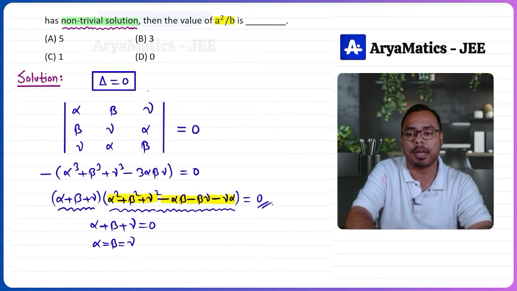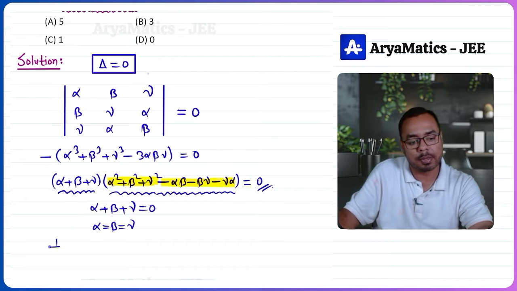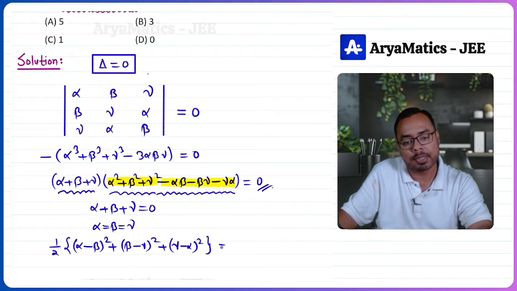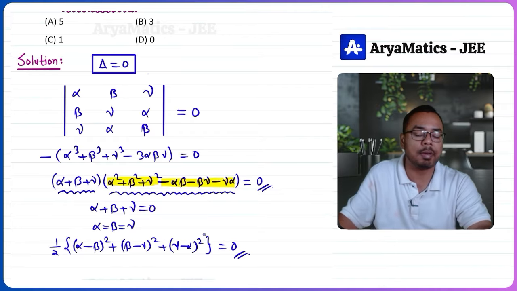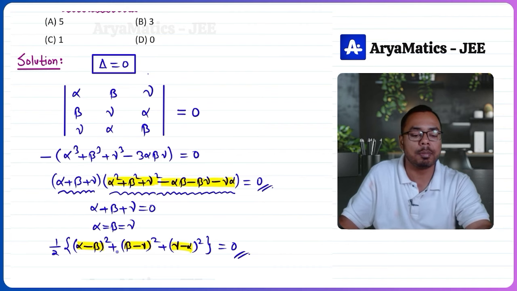If you talk about the second term, I'll just write the formula for it. This becomes half of alpha minus beta square, then beta minus gamma square, and then gamma minus alpha square. And if this is 0, and alpha, beta, and gamma are real numbers, then each one of these three values must be 0, right? Perfect squares cannot be negative.